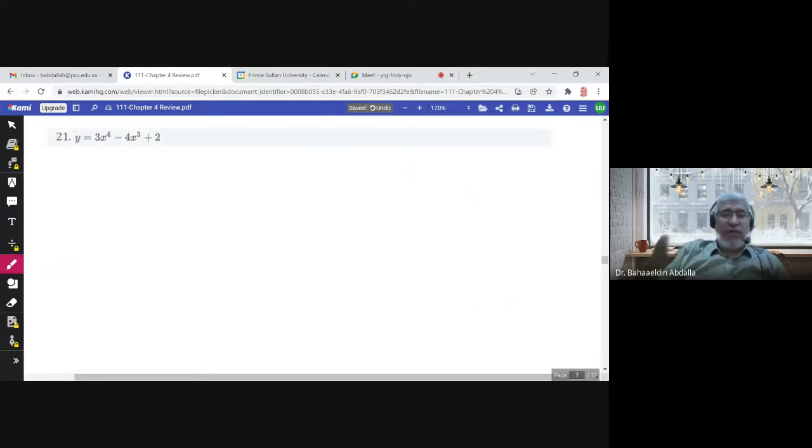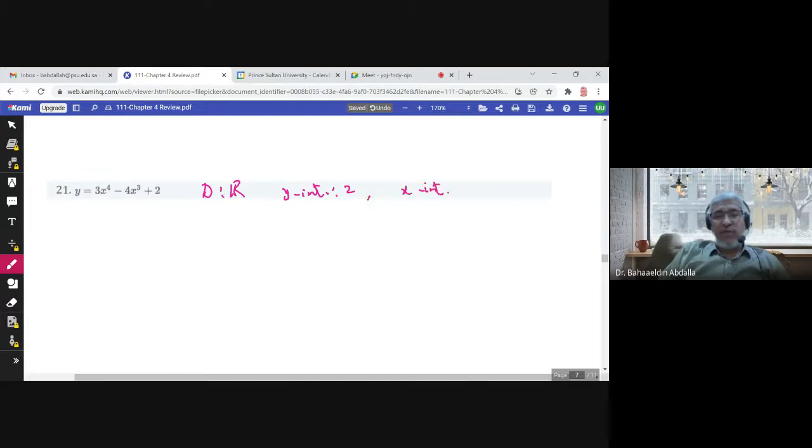Another polynomial. So the domain consists of all real numbers, and the y-intercept is again 2. For the x-intercept, I have to solve this equation, and it's not easy to solve.